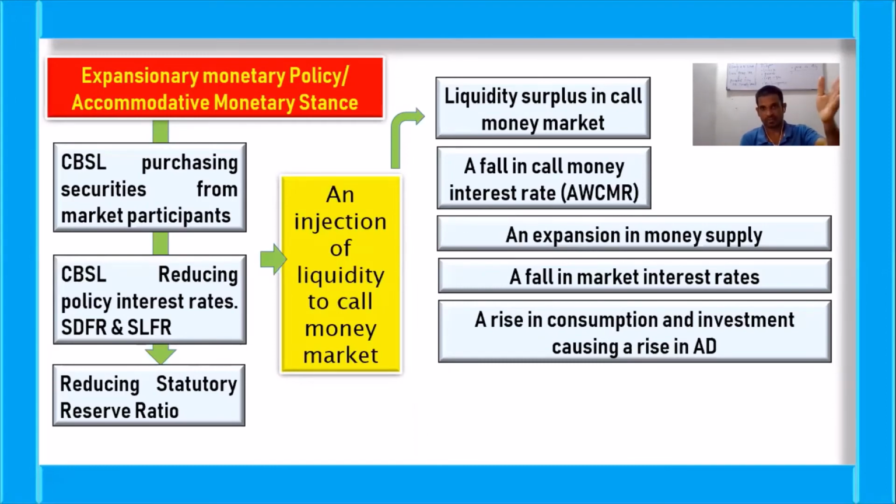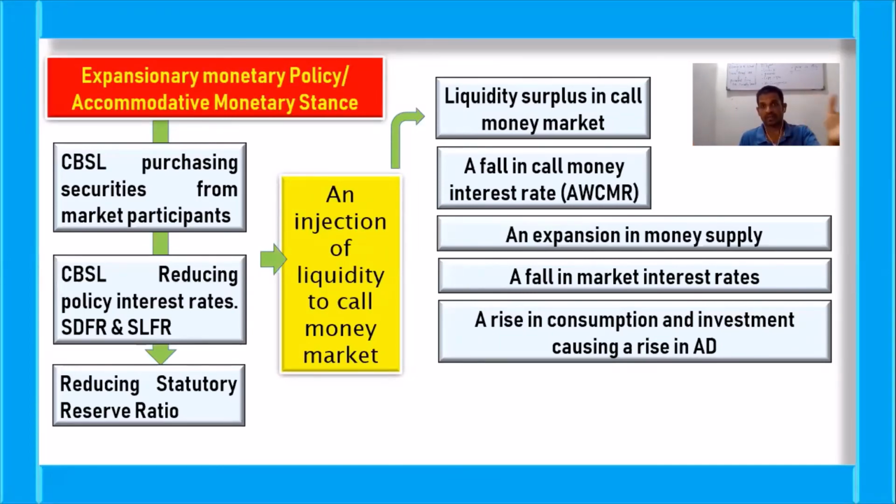Actually, there's a purpose of this expansion in monetary policy. When aggregate expenditure and aggregate demand increase, if the economy has already reached full employment, that means the real GDP cannot increase any longer and the aggregate supply cannot increase, that will cause inflation in the economy.